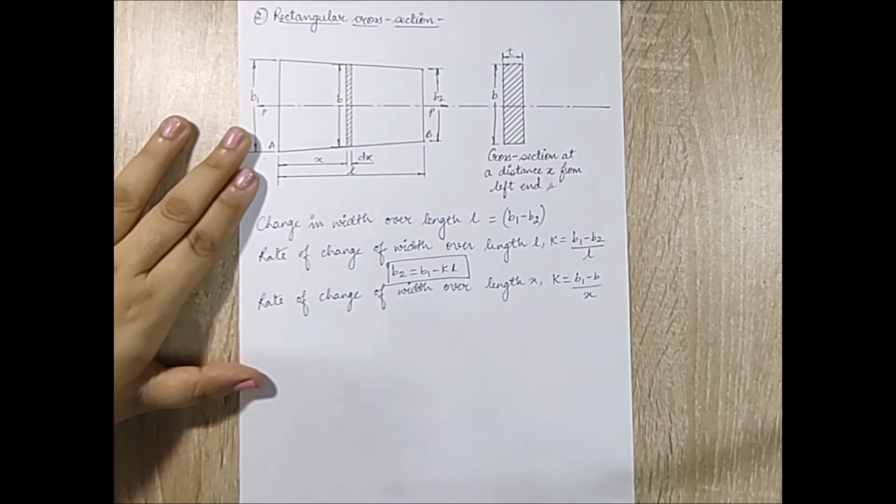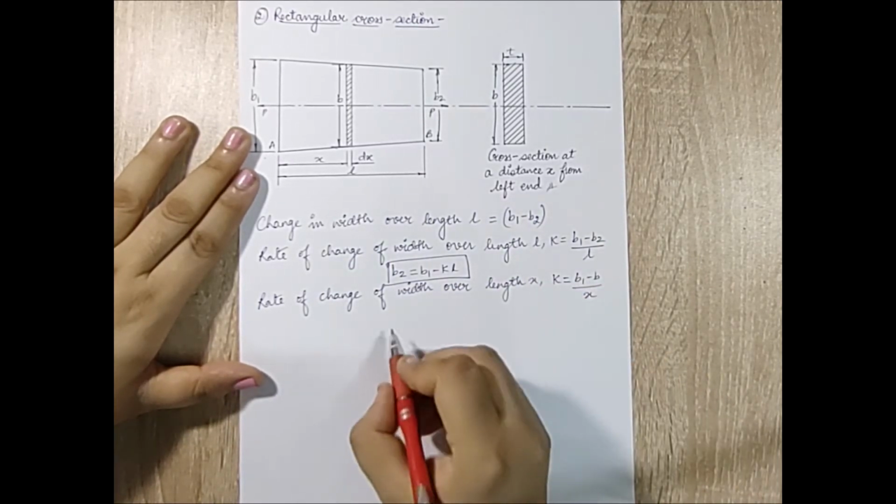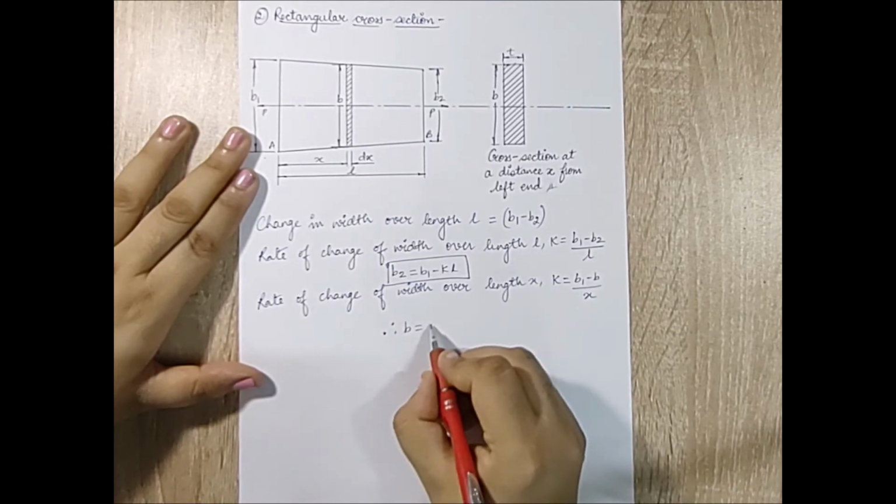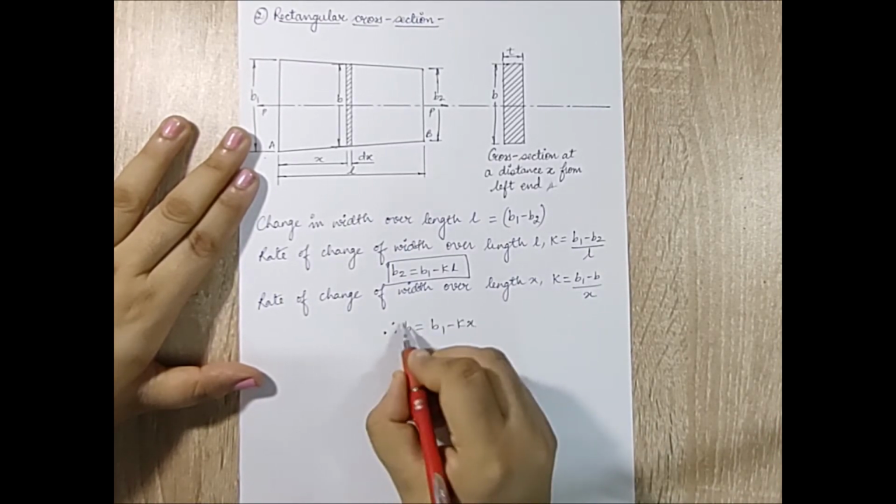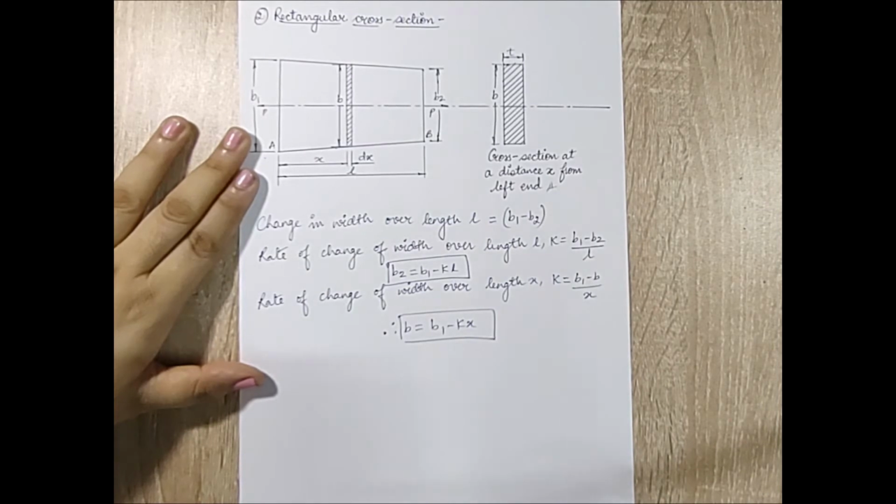I need not solve because I have already solved in the previous one and it's just a simple cross multiplication. Similarly here, if I want to find B, it will be B1 minus KX. These I am going to use later on.